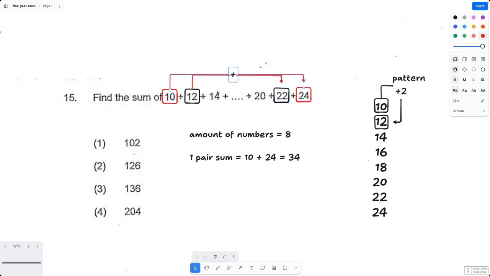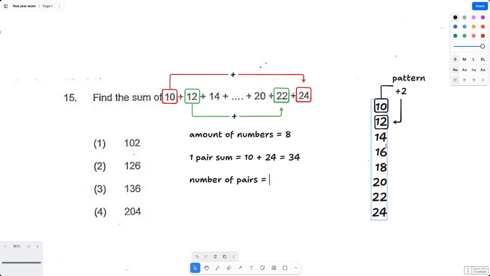Maybe I'll put the arrow at the bottom. So red, green. I'm going to add plus as well. And all of the pair sums will just lead you to the answer 34. So now we know that one pair sum is 34. For the number of pairs, since it is a total of 8, we just divide by 2.